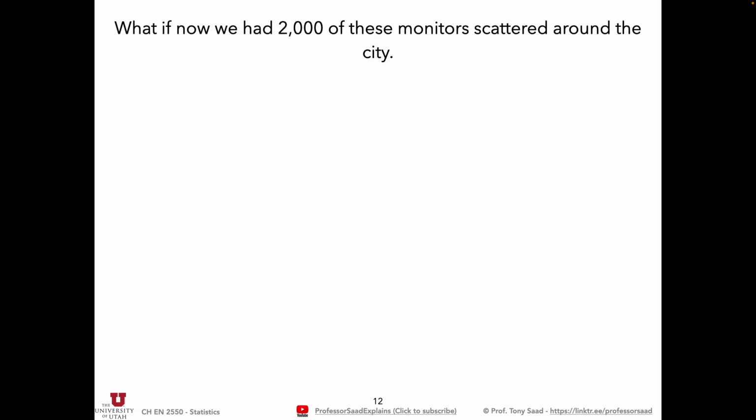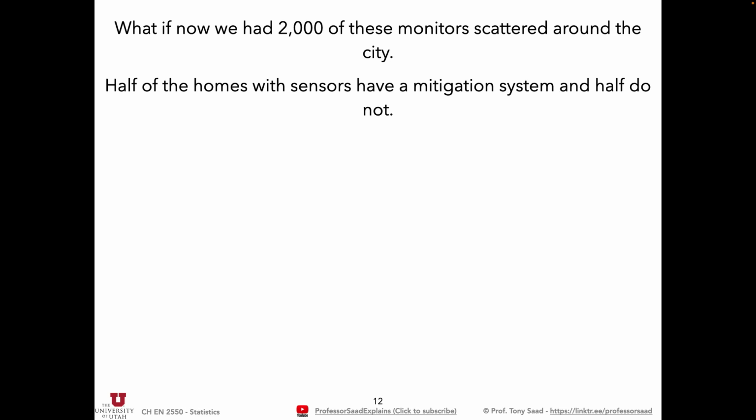So for the radon equivalent of independent samples, what if we had 2,000 of these monitors scattered around the city? And then I'm going to choose half of the homes, so 1,000 homes without a radon mitigation system, we're going to put a sensor in them. And 1,000 homes that have a radon mitigation system, we're going to put the same sensor in them.